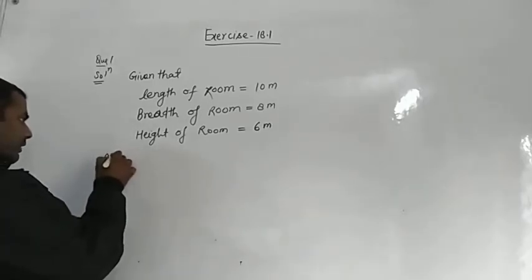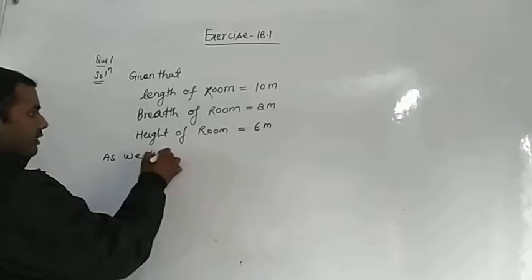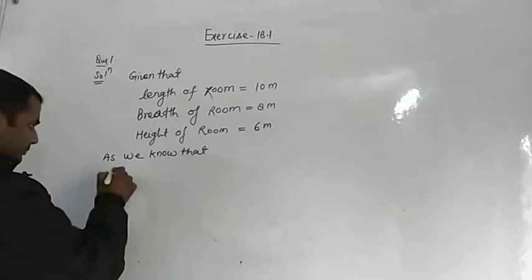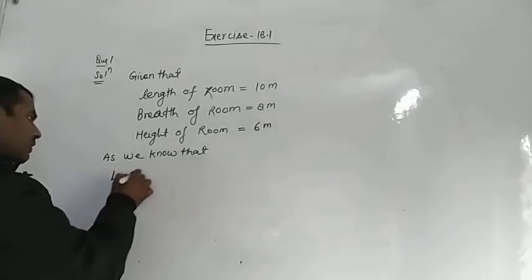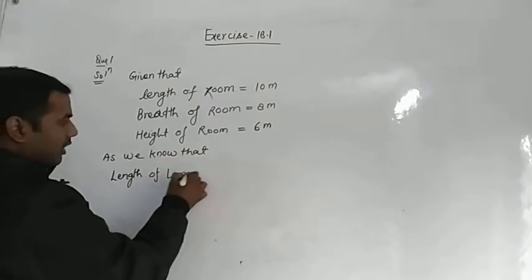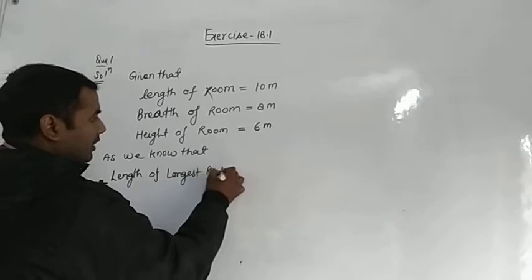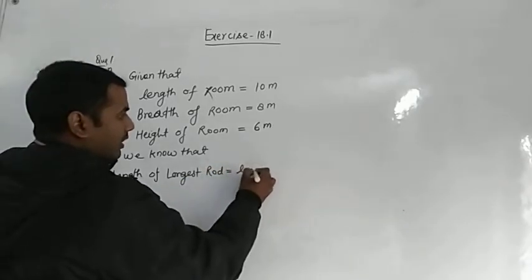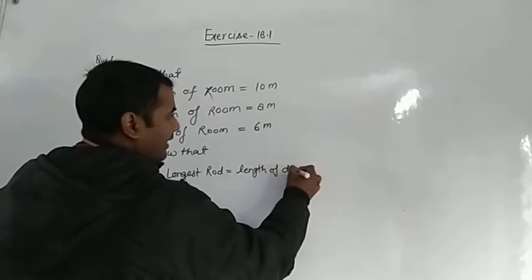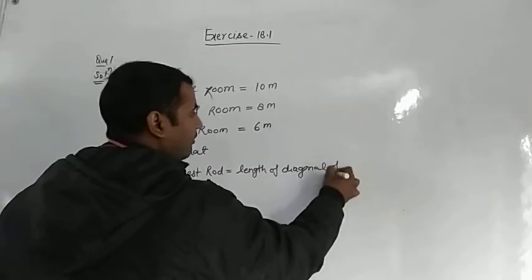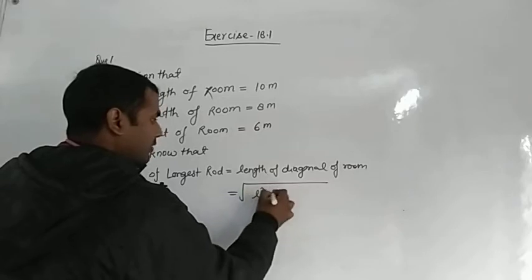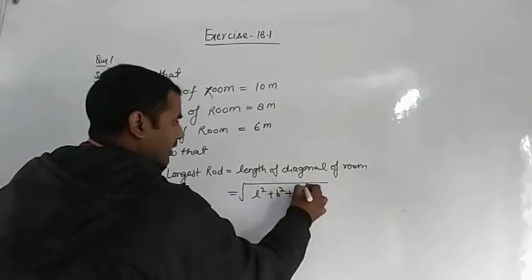So as we know that length of the longest rod is equal to length of the diagonal of the room, that is under root L square plus B square plus H square.